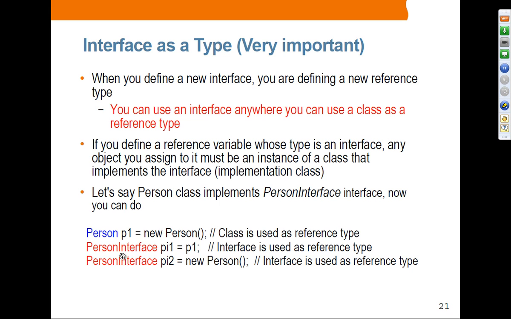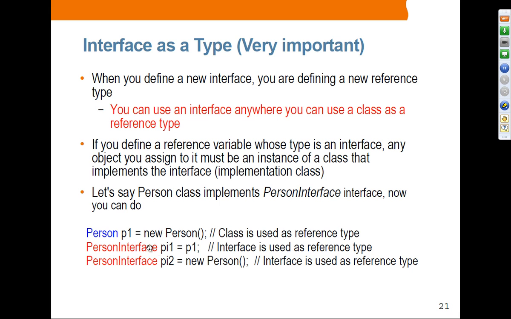Here, suppose we have defined a Person interface, and Person is the implementation of the Person interface. Then we can actually use the Person interface as a reference type. Any place that you have Person as a reference type, you could use the interface type instead.